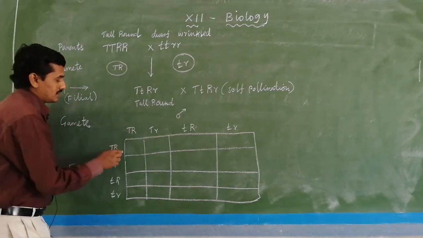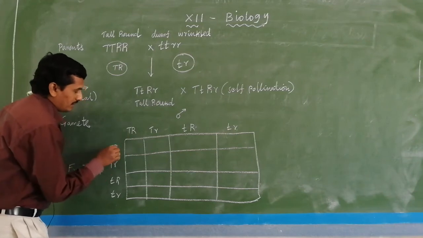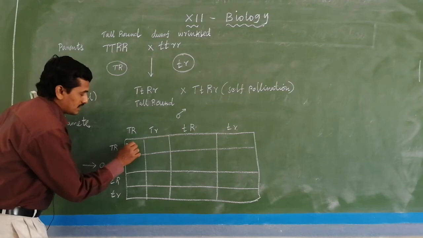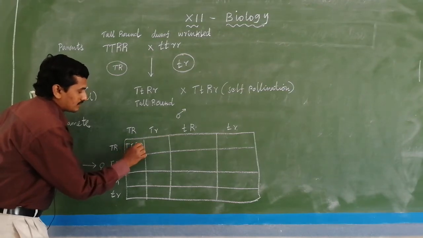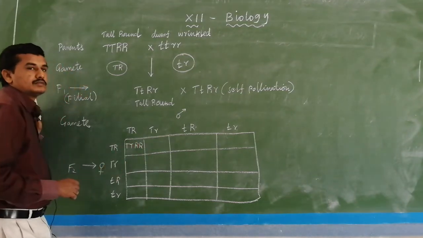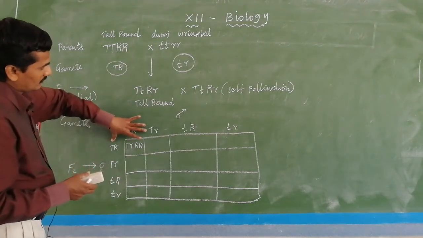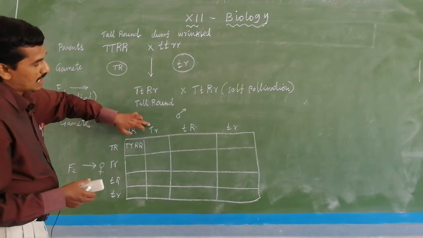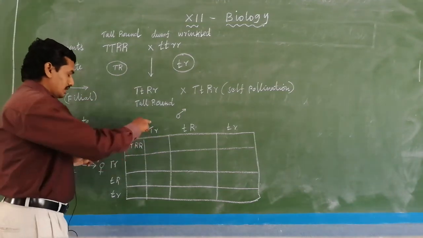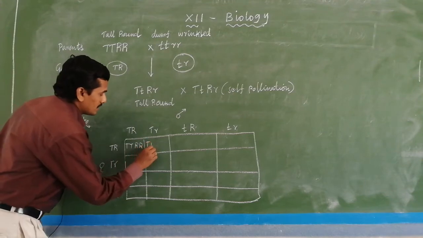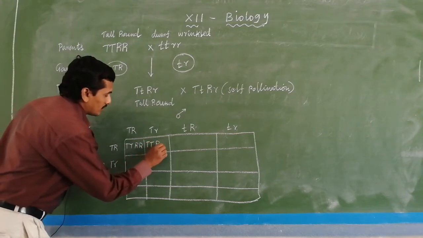Capital T here: one male gamete fused with a female gamete means the F2 generation has capital T, capital R. Okay, then one male gamete and another female gamete. We are crossing one male gamete with another female gamete: capital T, capital R, small r.